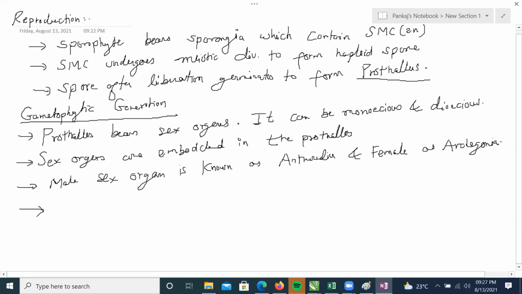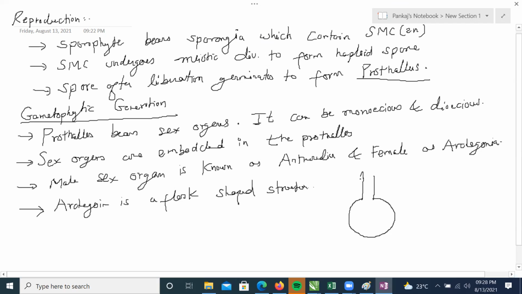Now let's talk about the archegonia first. You know, archegonium is a flask-shaped structure. So we can say archegonium is like this. Okay. And it is covered by multi-layered jacket cells, right? So this area is actually called the neck.